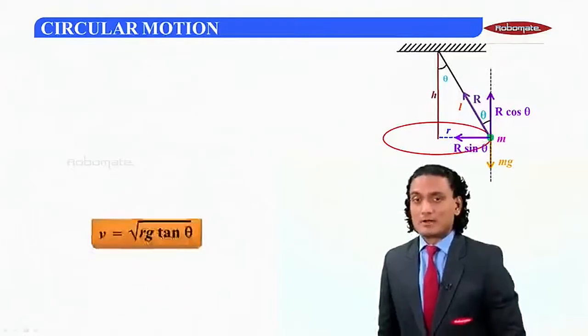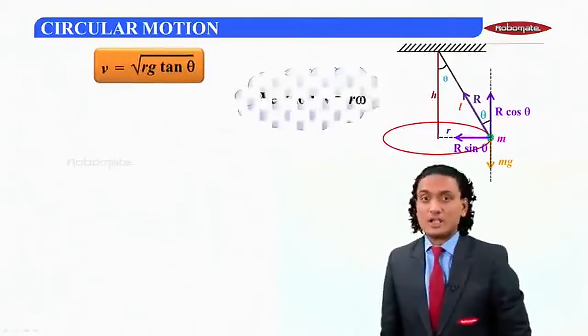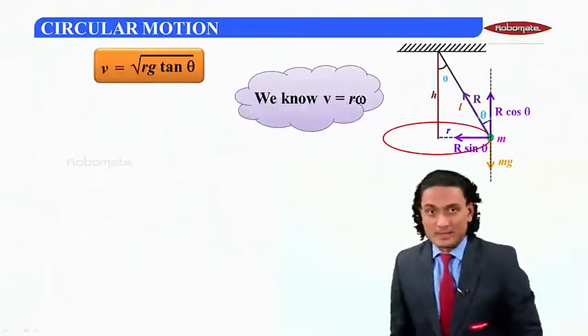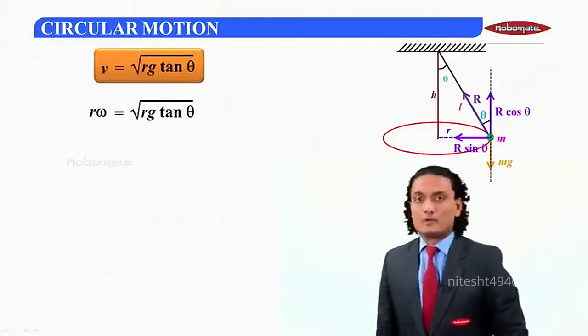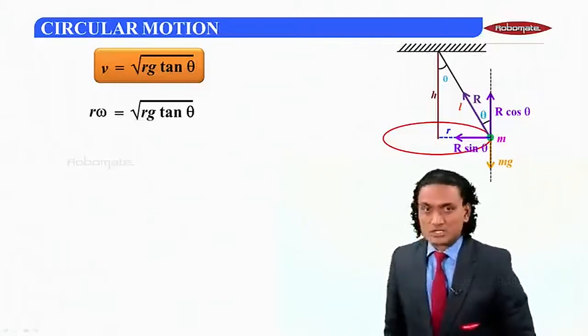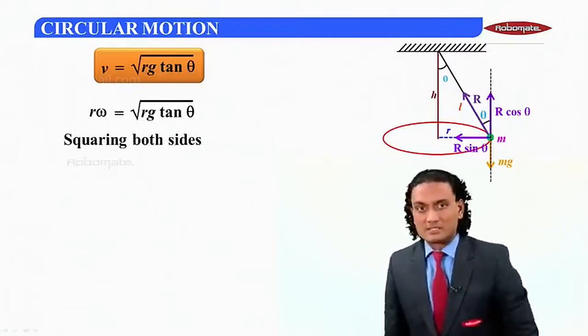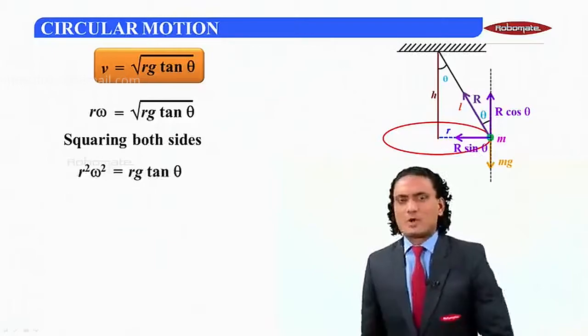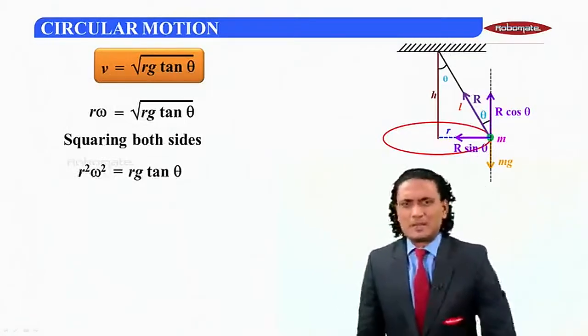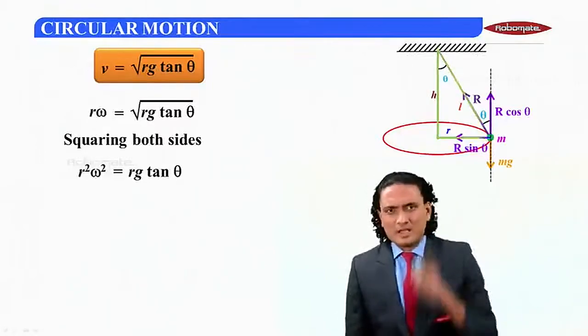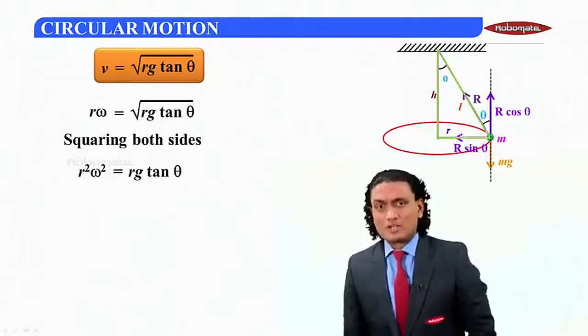Now we have to find an expression for angular velocity. Now students, we all know this: v is r omega. So instead of v, I can write r omega equals root of rg tan theta. The root is disturbing me, so I will square on both sides. If I square, I'll get r square omega square is equal to rg tan theta. Tan theta is troubling me, so let me remove tan theta. See this diagram. In this you have a right angle triangle. What is tan theta?